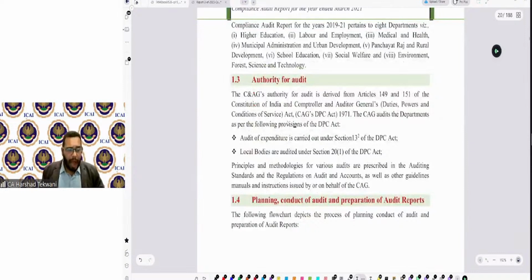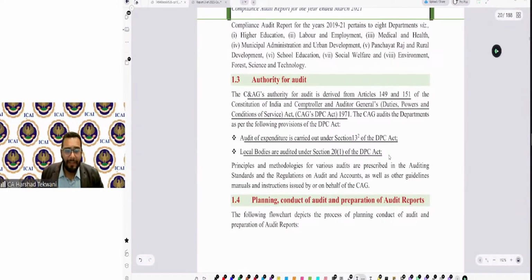How is CAG auditing? CAG has audit authority derived from Articles 149 to 151 that we just saw at the start. The audit of expenditure is carried out under Section 13 of the DPC Act, that is the CAG's Duties, Powers and Conditions of Service Act. Local bodies are audited under Section 21 of the DPC Act.